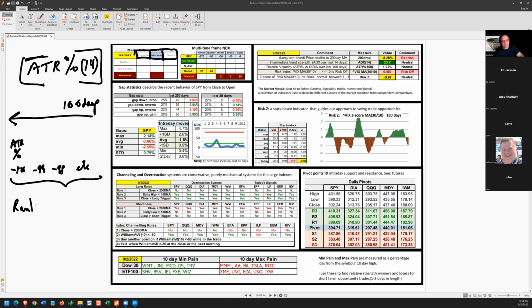We rank the volatility on the basis of what was the most volatile day out of those last 100, and what was the minimum volatility, and what was the average of those, and then what is the plus or minus one standard deviation.